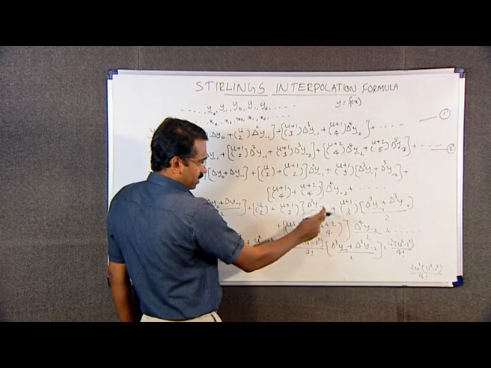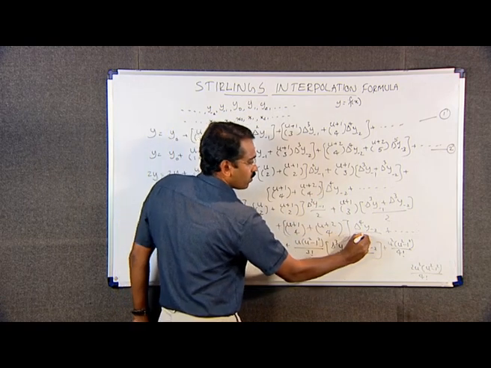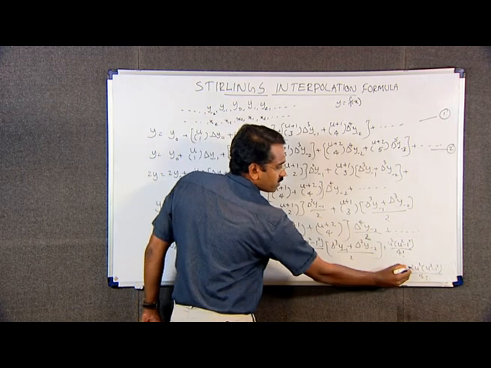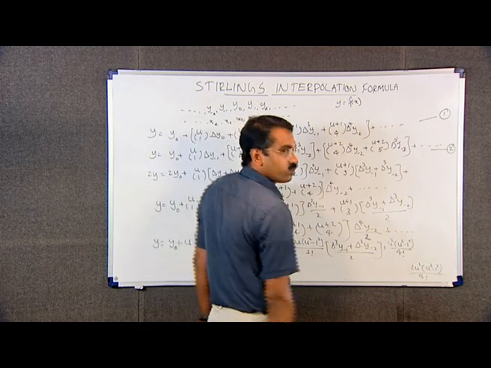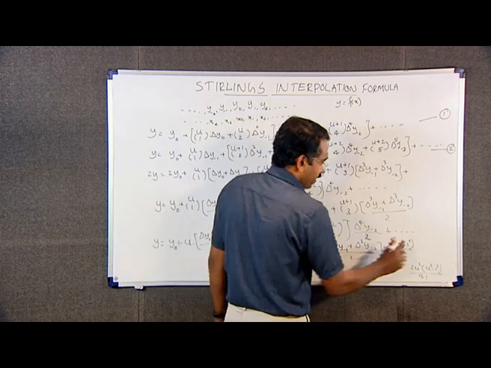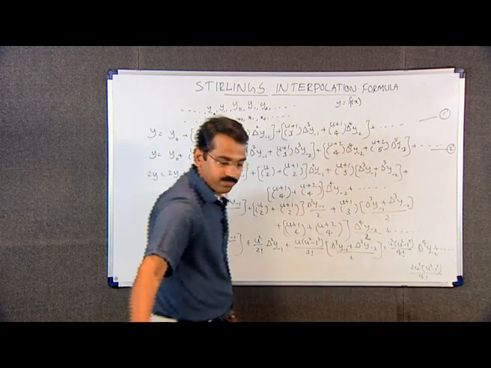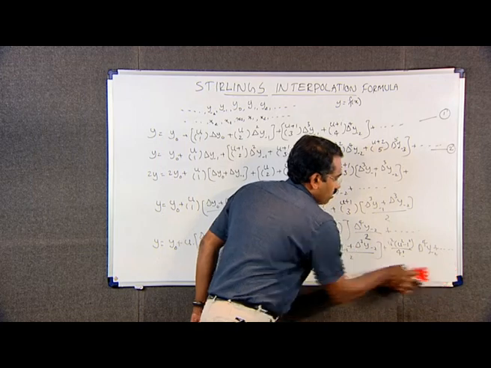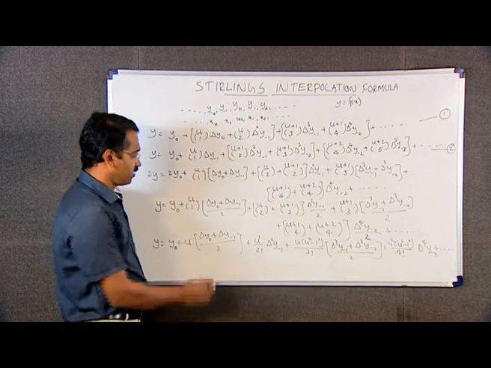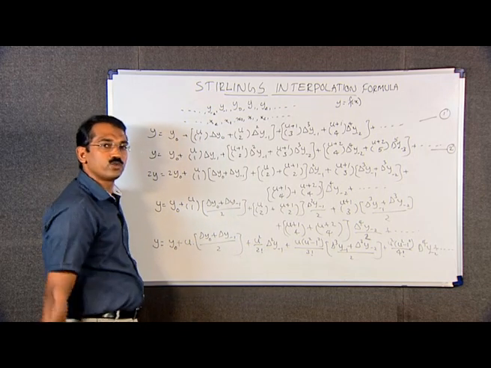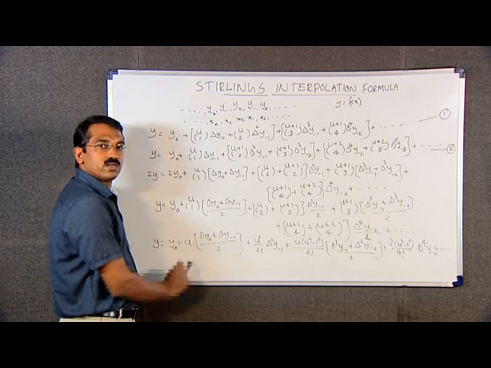Here in the denominator there is a 2, and this 2 and the 2 in the numerator will be cancelled. Therefore, this into delta raised to 4 y minus 2 plus etc. This formula is known as Stirling's interpolation formula. We can use this formula to interpolate in the center of a given data.